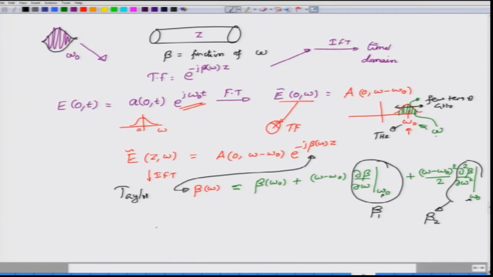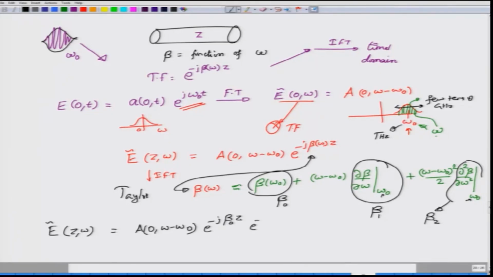When I put that in, the electric field at distance z after propagating through the fiber would be A 0 of omega minus omega 0. This is the original pulse spectrum, now centered at omega 0, and then you have e power minus j beta 0 z, where beta 0 is essentially beta at omega 0.